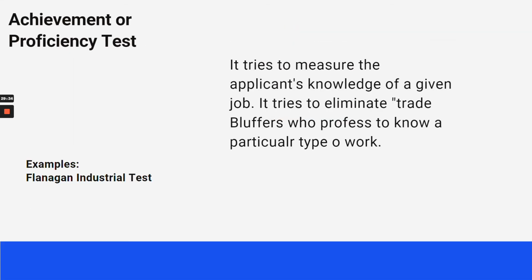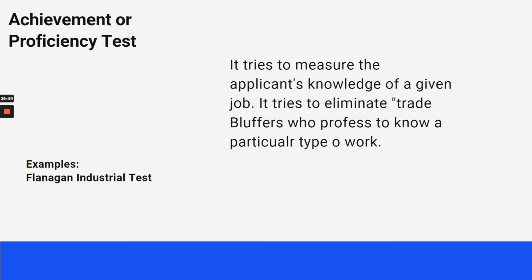So, next is the achievement proficiency test. Example is Flanagan Industrial Test. This type of test tries to measure your applicant's knowledge of a given job. It tries to eliminate the trade bluffers who profess to know a particular type of work.